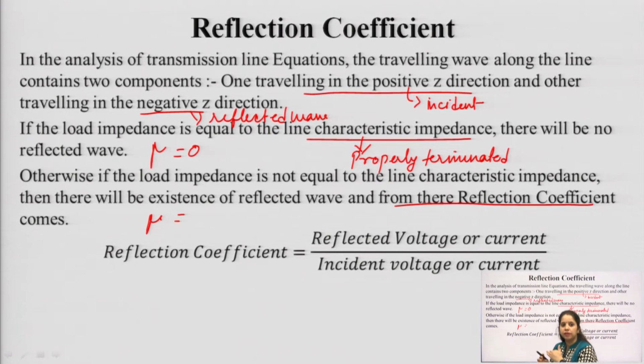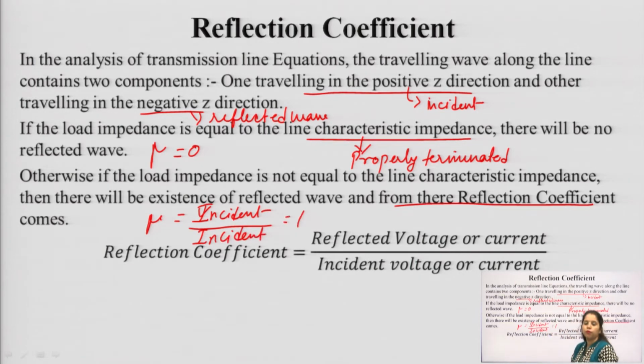When all the incident wave is reflected back, the reflected wave is equivalent to the incident wave, and in the denominator also we have the incident wave, so that will be equal to 1. So, the range of the reflection coefficient is from 0 to 1.